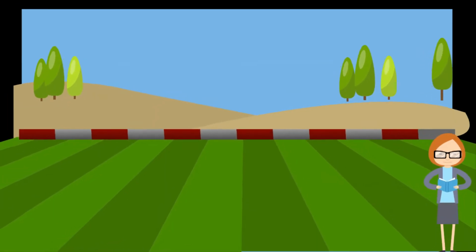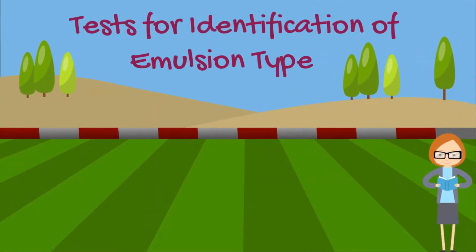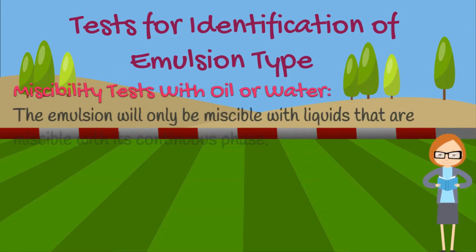Upcoming are tests for identification of emulsion type. Several simple methods are available for distinguishing between oil and water and water and oil emulsions. The most common of these involve miscibility tests with oil or water. The emulsion will only be miscible with liquids that are miscible with its continuous phase.